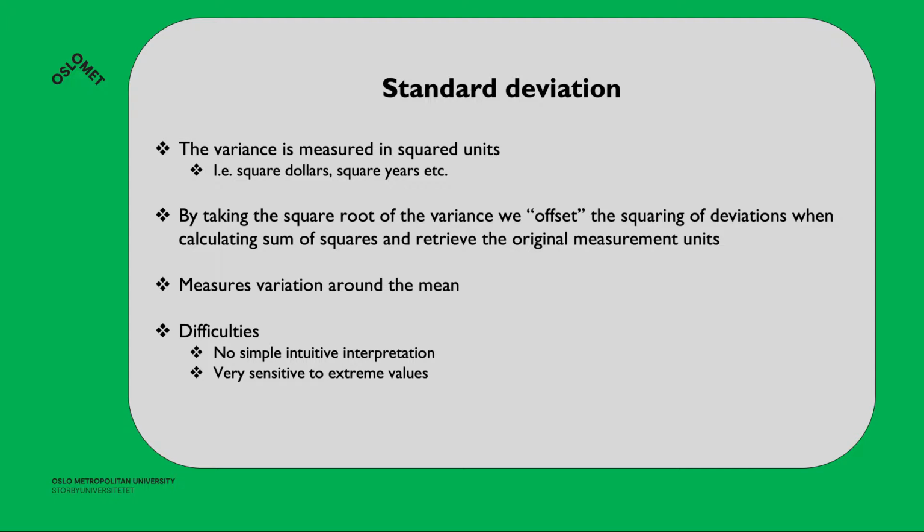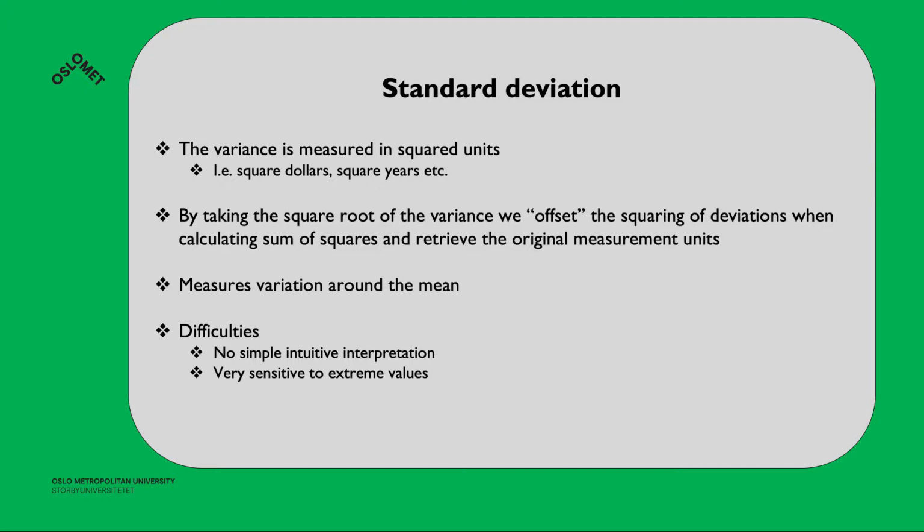The variance is measured in squared units, for example, squared dollars, squared years, etc. But by taking the square root of the variance, we offset the squaring of the deviations when calculating the sum of squares and retrieve the original measurement units.